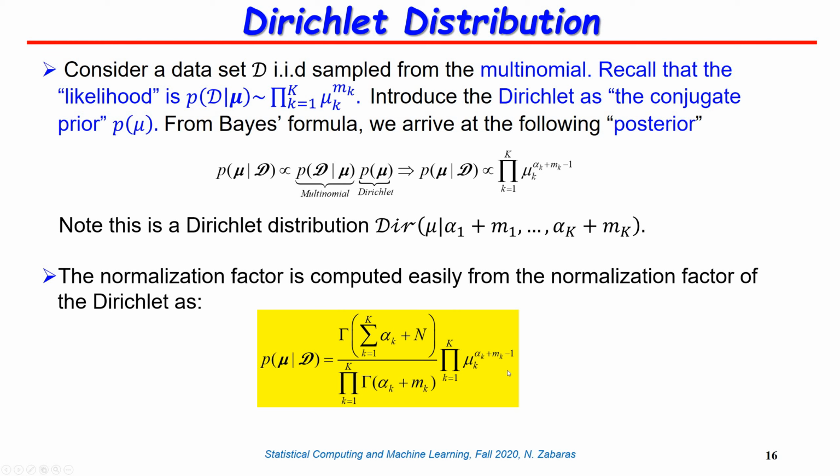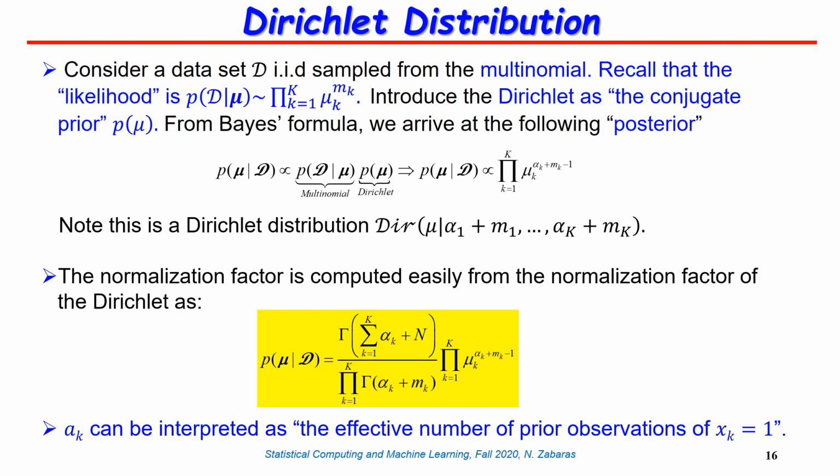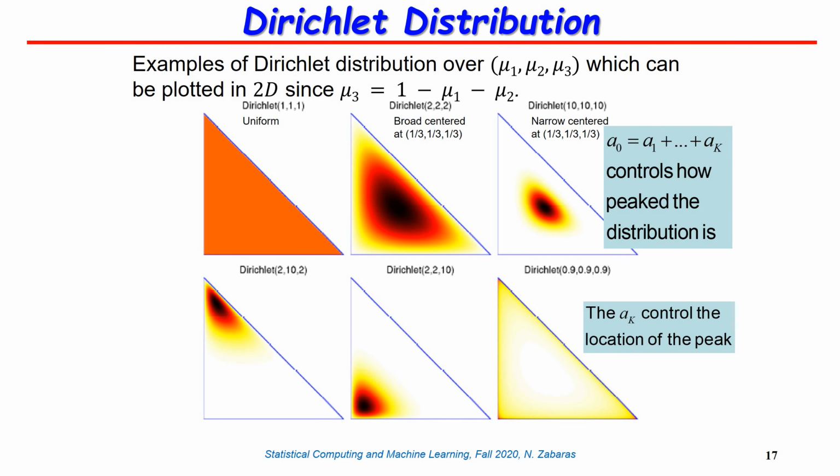Alright, so I'm practically done, so the only thing I want to do with this lecture is to give you a few pictures of the Dirichlet distribution in 3 dimensions. You remember I mentioned that we're going to have to plot this distribution on the plane.